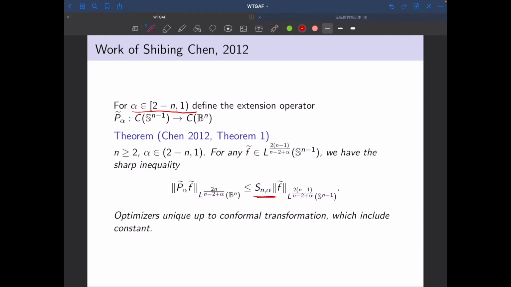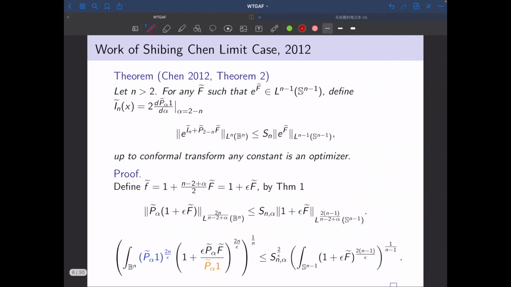He also identified the sharp constant of this inequality, and he proved uniqueness of extremal functions. He proved that they include constant, and the optimizers are unique up to conformal transformation. Shibing Chen also considered the limit case, which is taking alpha going to 2 minus n.